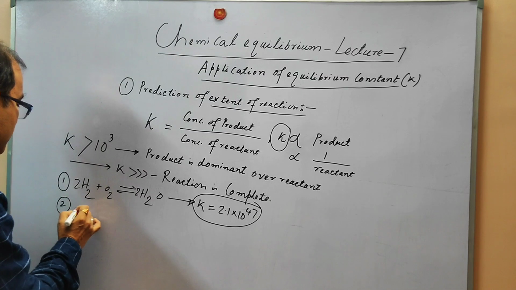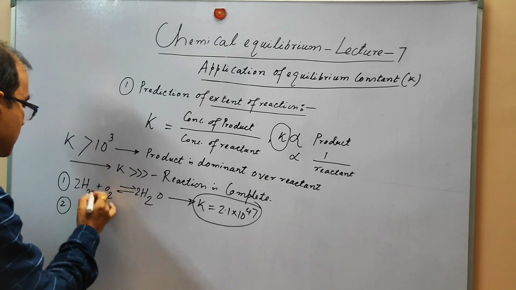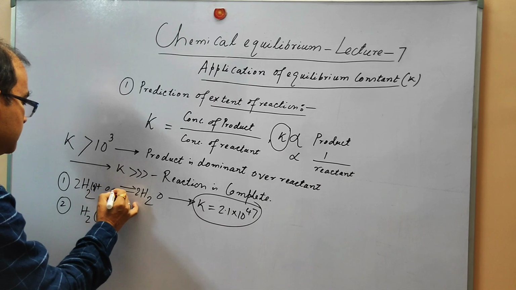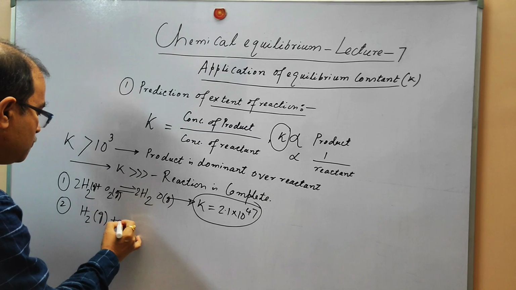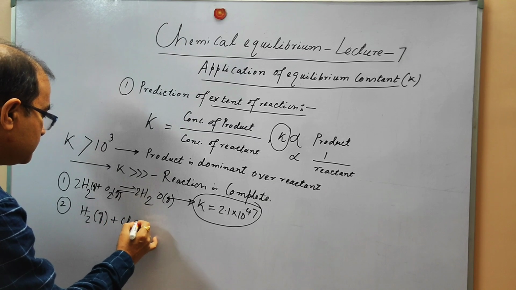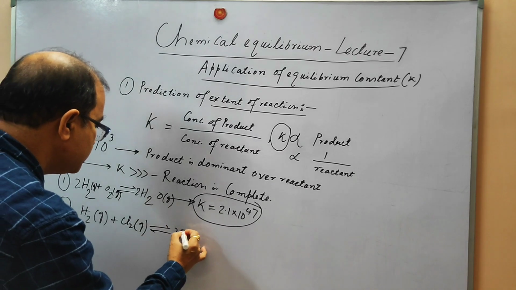The second reaction that we are going to discuss is H2 gas. Here you have to put the gas sign, and this is also gas: H2 gas and Cl2 gas will produce HCl gas.